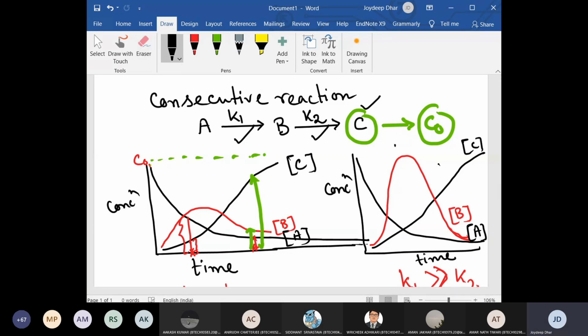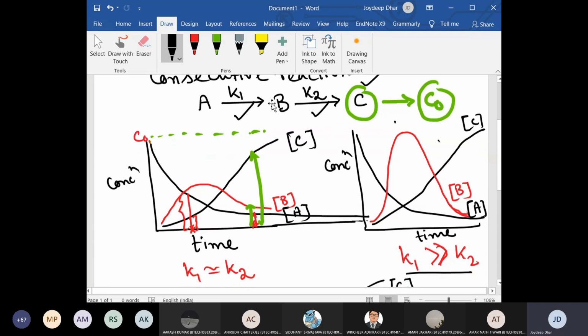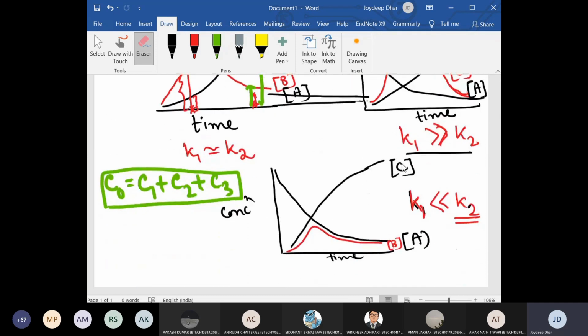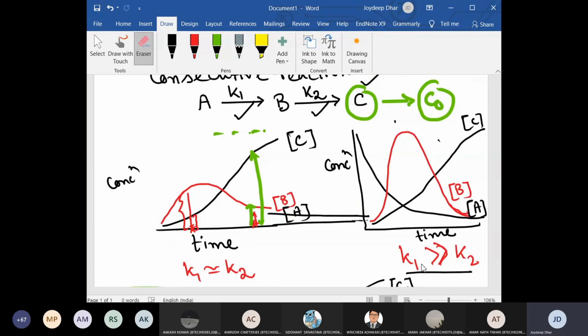Now the next point is, what will be the maximum concentration of B you can get? That is another important derivation. I told you that B will reach a maximum and then it will fall. In one case, K1 is much larger than K2, then B will accumulate a lot and then fall.